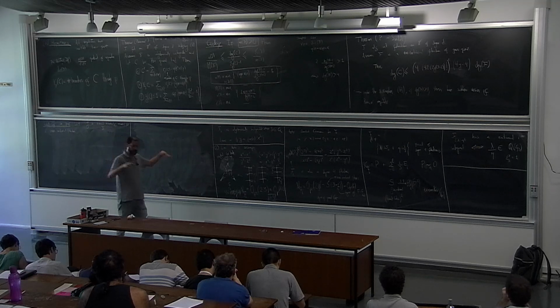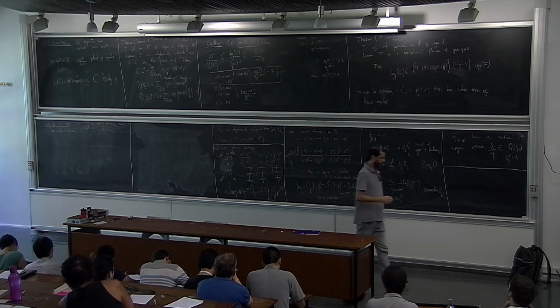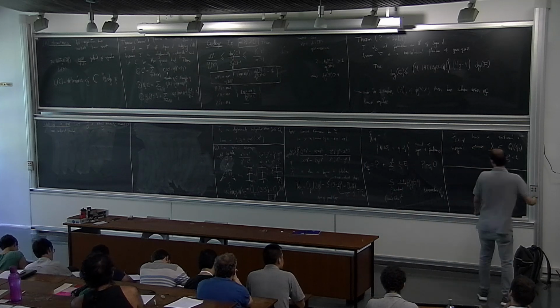So we produce G from F by taking a resolution of singularities and then contracting the -1 curves.